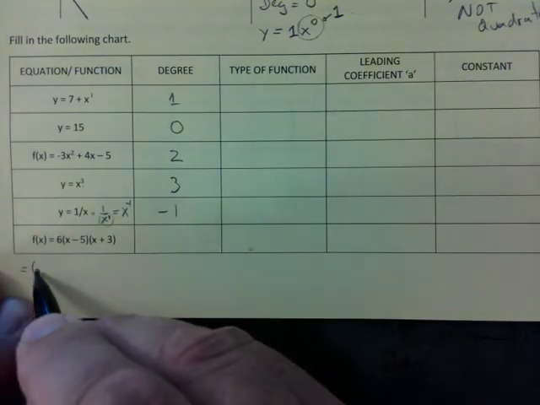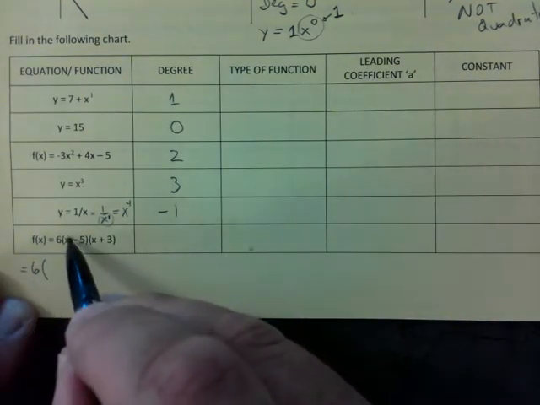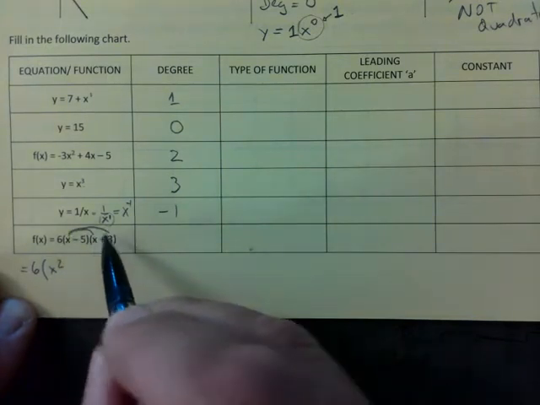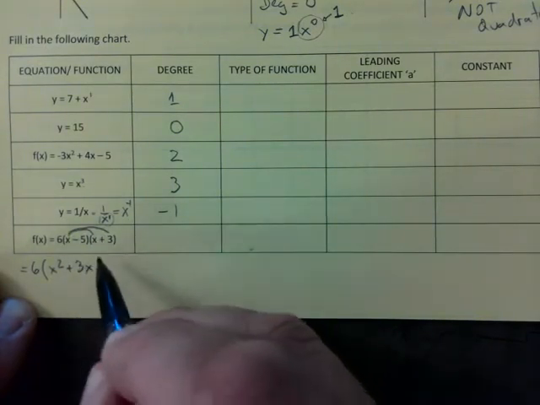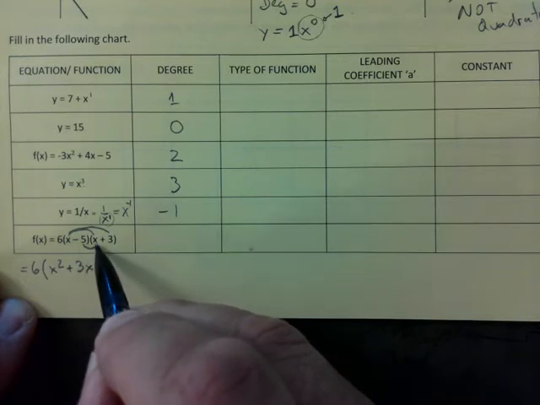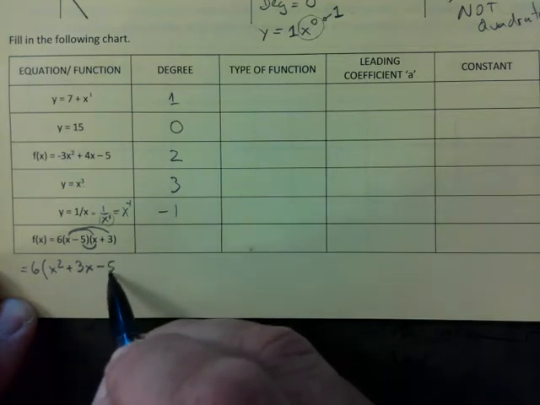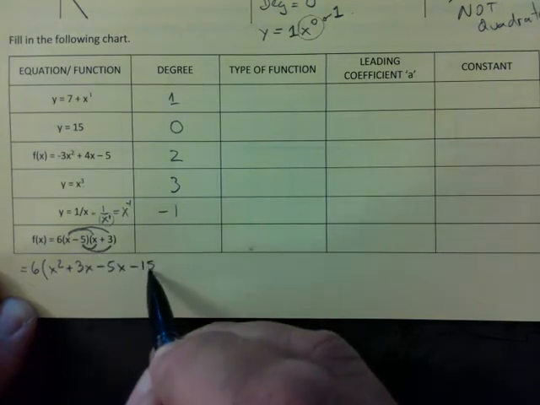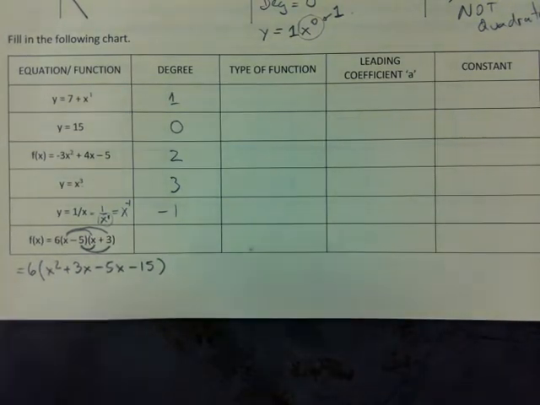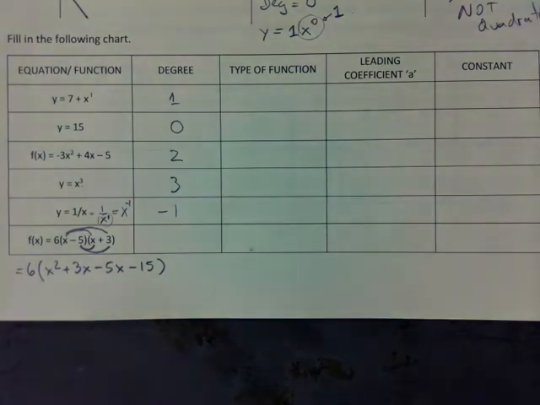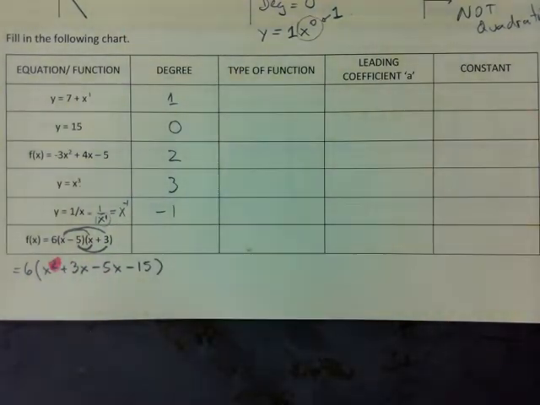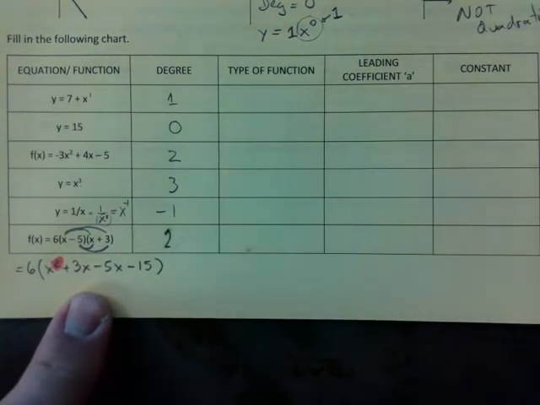So let's first distribute. x times x is x squared, right? x times 3 is 3x. Then you go negative 5 times x is negative 5x. And negative 5 times 3 is negative 15. We won't even bother simplifying it. You just recognize, right, that there's going to be an x squared there. You don't need to simplify that. You know that's a degree of 2.